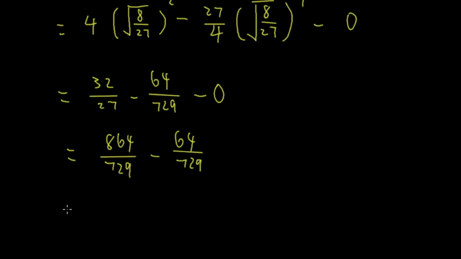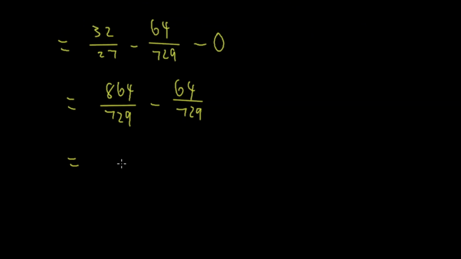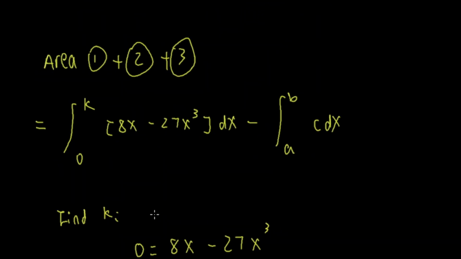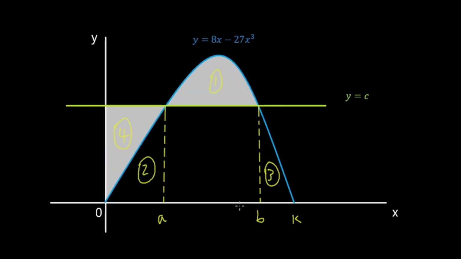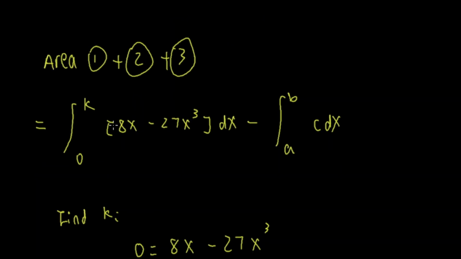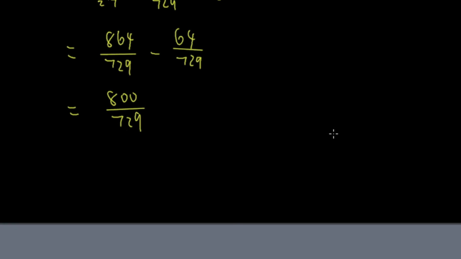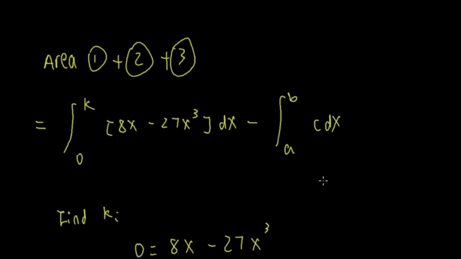So that is 800 over 729. So this is the value. Also, that's the area under the cubic function, which is this part here. Now, how about this part here? Okay, let's do it here. Integral of c dx from a to b, right?